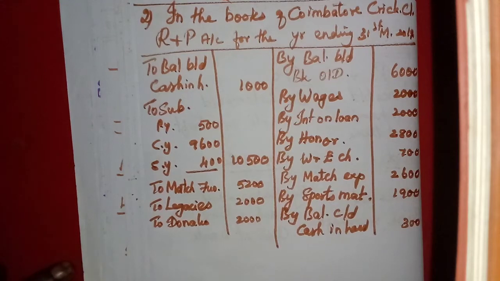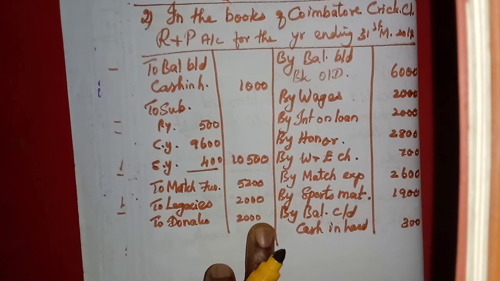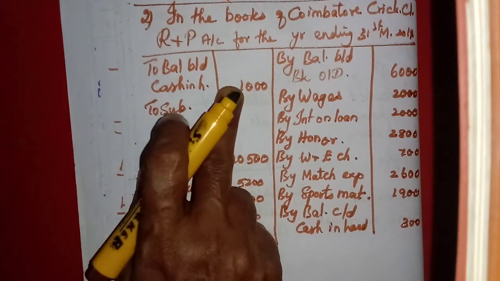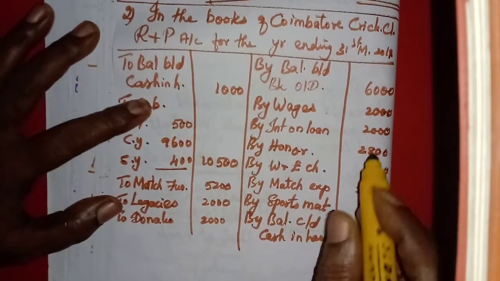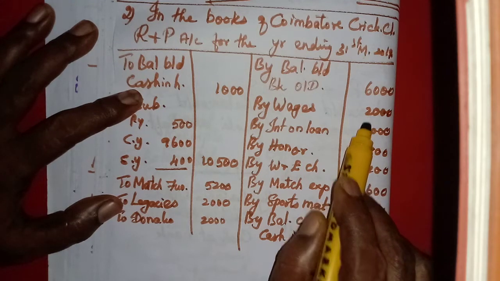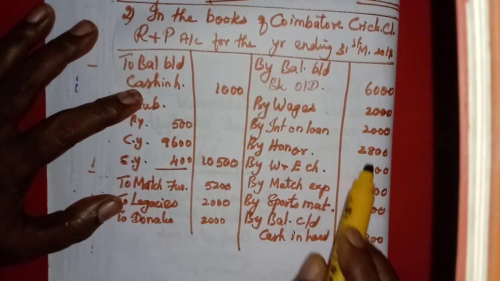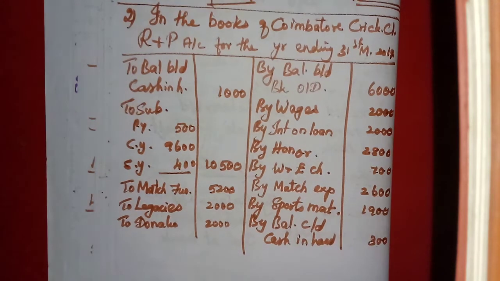Now which side is more? Here 10, 5, 15, 17, 19, 20. So 20,000, isn't it? Here 6, 8, 10, 12, 14, 15, 16, 17, 18. Okay.